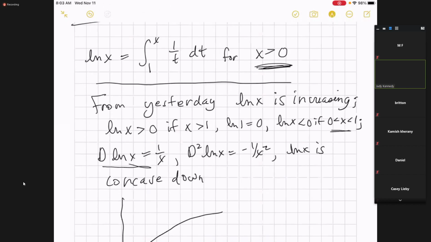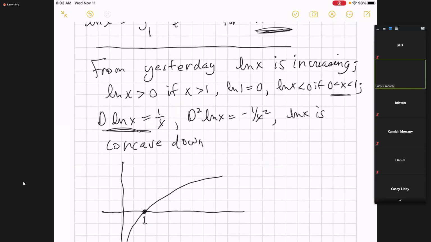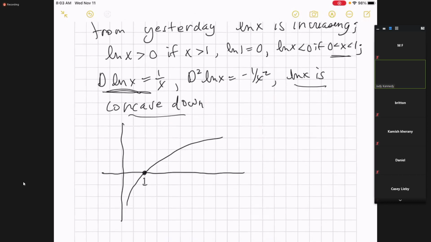We know from the fundamental theorem that the derivative of ln of x is 1 over x. And then we can compute the second derivative, which would be minus 1 over x squared. And since minus 1 over x squared is always less than 0, that means that ln of x is concave down. And yesterday we got as far as showing that the graph must look something like this.